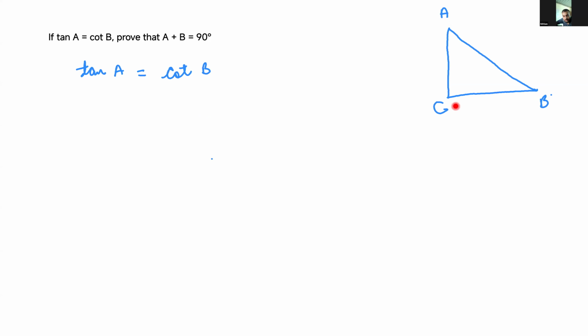Is it correct? And if it is incorrect, then tell me why. If it is correct, then also tell me why it is correct. I did the naming like this: A, B, C. Is it correct or incorrect? Whatever the reason you are saying, you have to tell the reason. Please try. I want you to try.